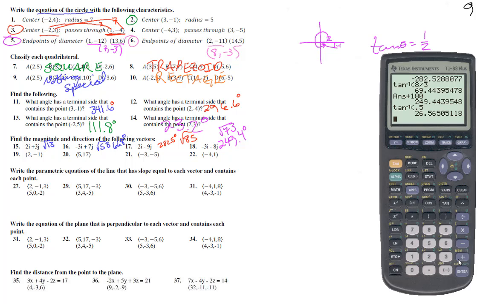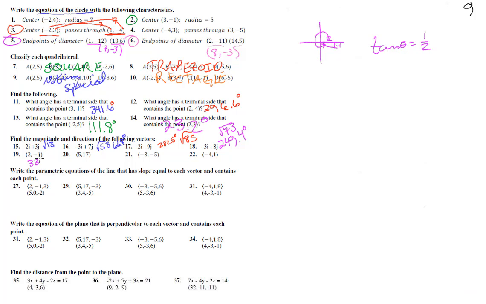So we need to subtract that from 360. We're subtracting backwards, so we'll get the opposite. And we get 333.4 degrees. And the magnitude, 2 squared plus 1 squared equals the distance squared. 4 plus 1, that's 5. So it's the square root of 5.